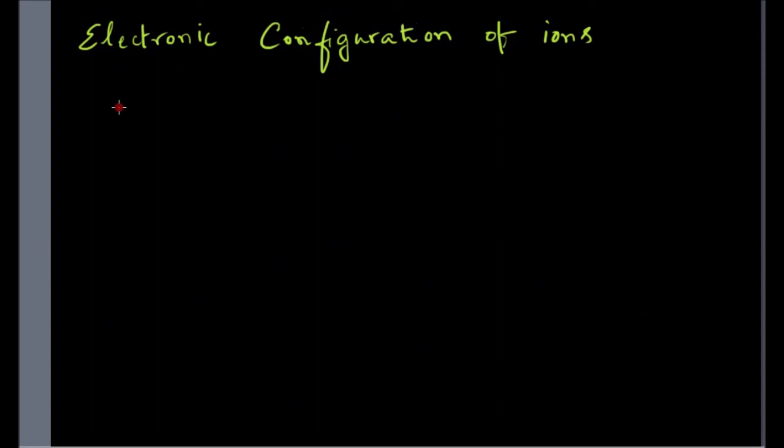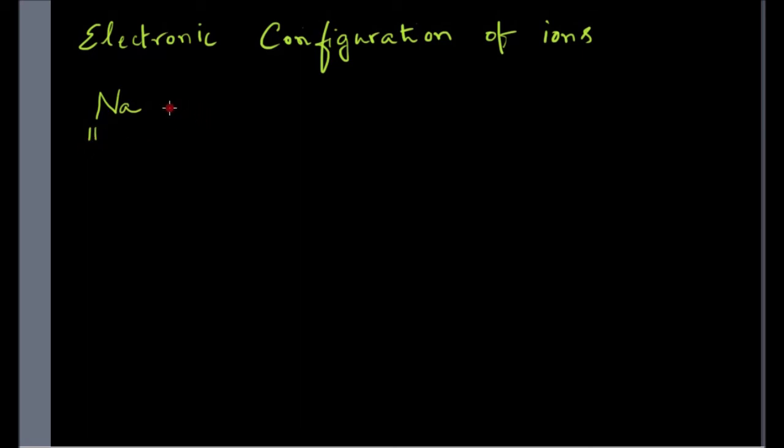Let me briefly discuss electronic configuration of ions now. What is an ion? When an atom loses or gains electrons, it forms a charged particle called an ion. For example, if you take sodium atom, its atomic number is 11, so it has 11 protons and 11 electrons.